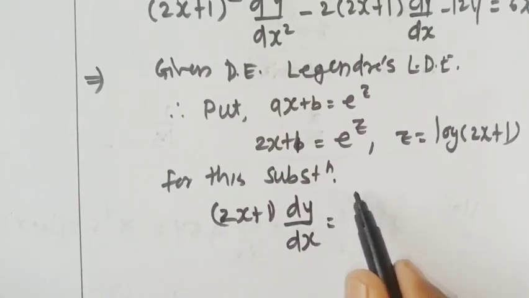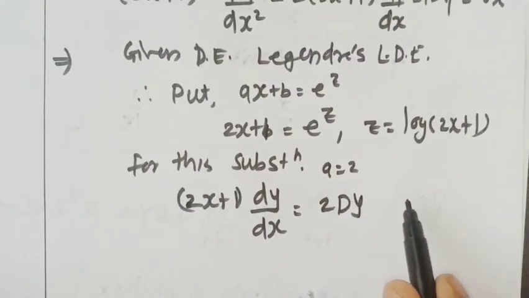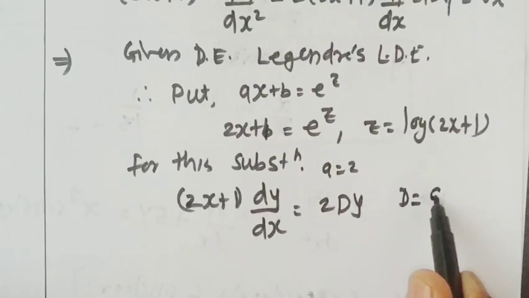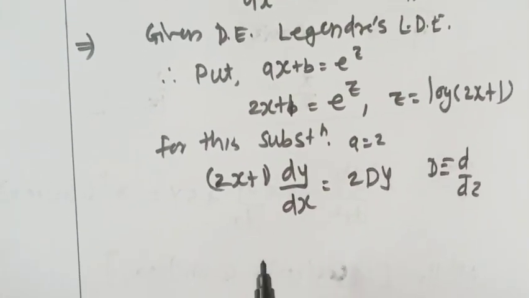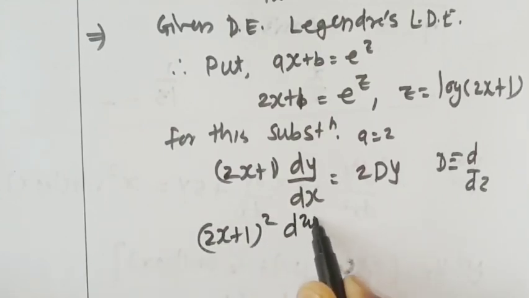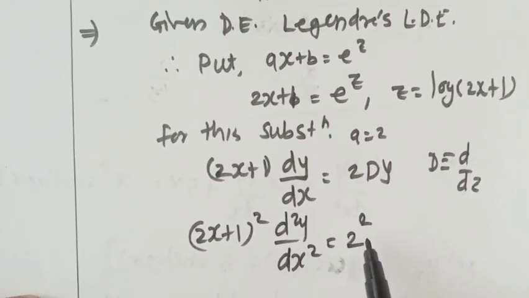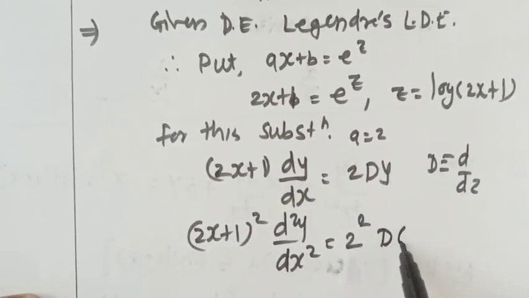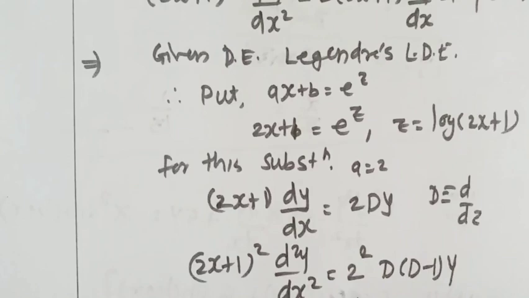Here a = 2, therefore 2 into capital D y, where D is d/dz. This derivative is with respect to z. Now (2x + 1)² d²y/dx² we replace by a², that is 2², into D(D − 1)y. Now there is no cubic term, so only these two terms we are going to replace.